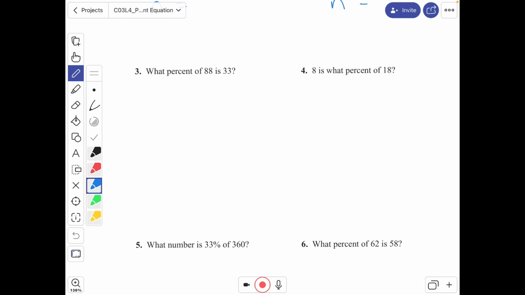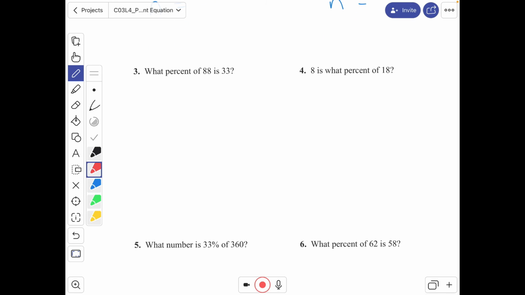Let's look at number 3 and 4. Start out with the equation part equals percent times the whole. What percent of 88 is 33? Of 88, so that's the whole. Is 33, that's the part. So what we're looking for is the percent.